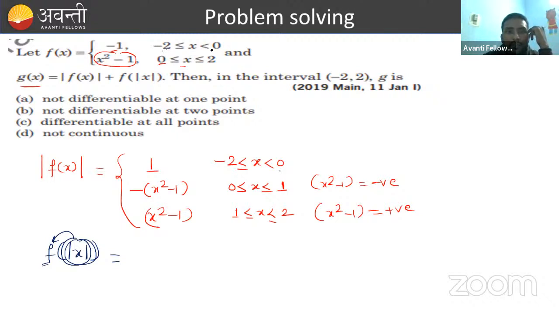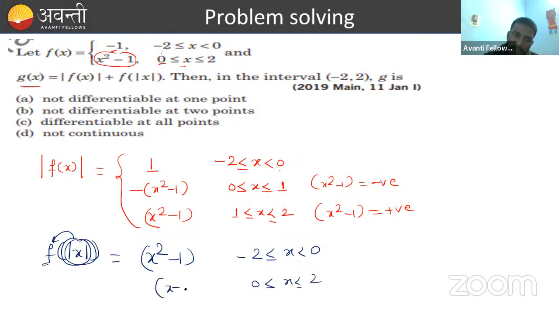If I put in values from -2 to 0, this function will read it as 0 to 2, because there is already a mod. So I directly write x square -1 for both -2 to 0 and 0 to 2, because after the mod it becomes positive.